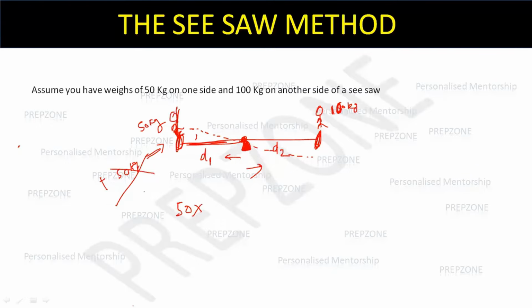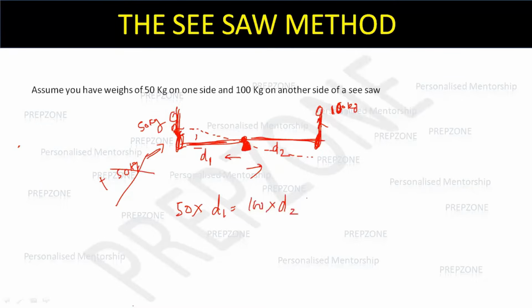Whatever weight is assigned here, this 50 into D1 should be equal to 100 into D2, because if we have to balance this seesaw, then the torque acting about the center has to be balanced. So the 50 weight is here and the 100 weight is here. 50 into D1 equals 100 into D2.